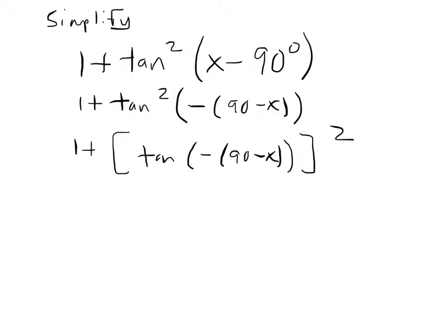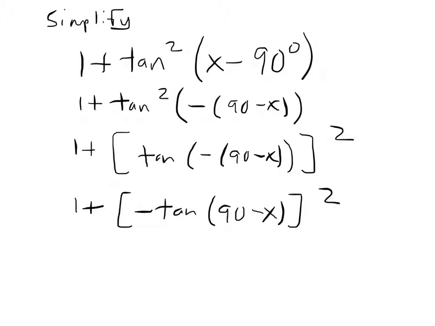And now I want to look at what's going on in here. I have a tangent of some angle, and the tangent of the negative of some angle is going to be the negative of the tangent of the angle. So I can rewrite this as 1 plus negative tangent of quantity 90 minus x, squared.